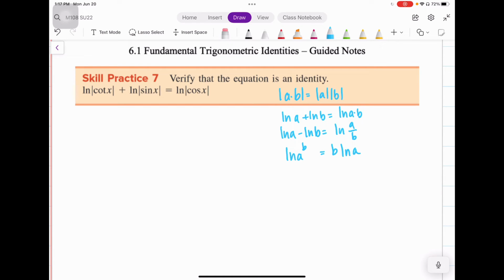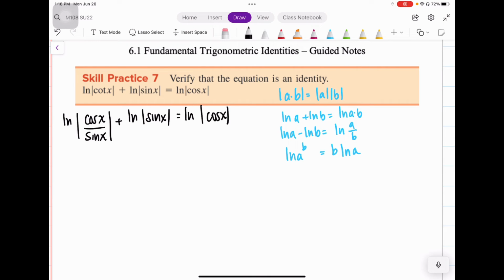What I'm going to do then is rewrite, first of all, cotangent in terms of sine and cosine, because my end game goal on the right-hand side is cosine only. That means I'm going to have the natural log of the cosine of x over the sine of x, absolute value, plus the natural log sine of x, absolute value, equal to the natural log cosine of x, absolute value.